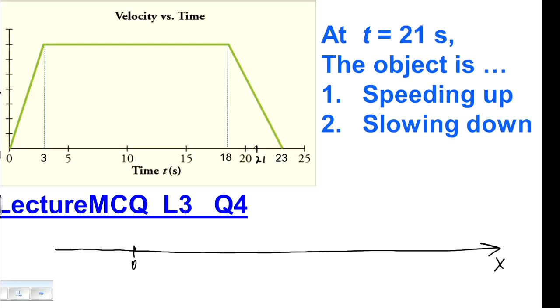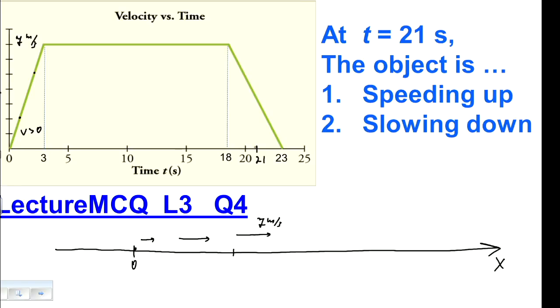How do we know to the right? Well, because velocity is positive. So how does it move? It moves actually faster and faster. Low velocity, high velocity. So it is speeding up until it reaches 7 meters per second. What is happening next?